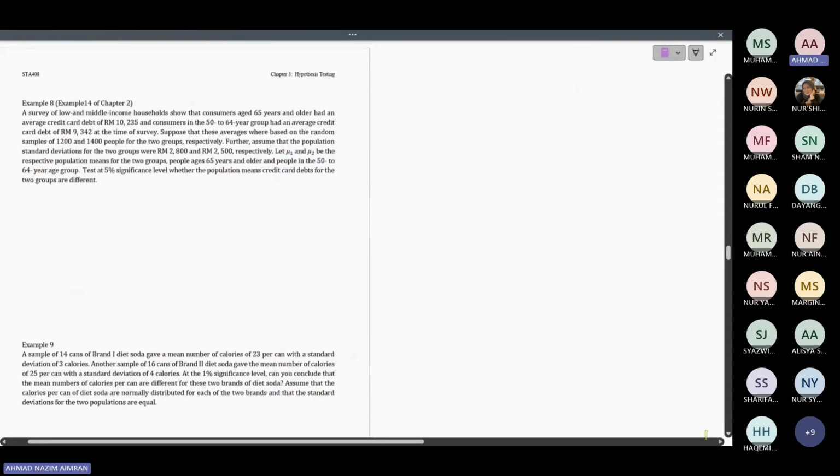Now, let's look at example 8, which is actually example number 14 in chapter 2. In chapter 2, I believe that we calculated the confidence interval, but now we are testing the hypothesis by using either the Z calculated or the T calculated value.